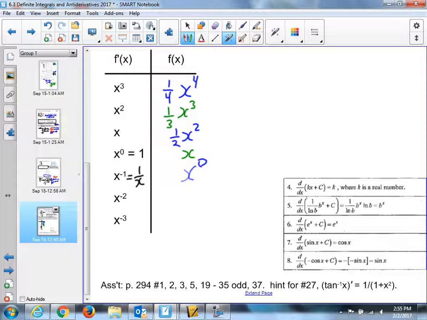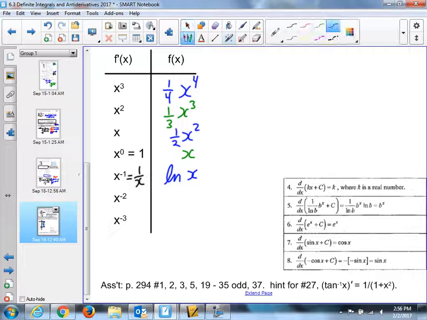What was it that we take the derivative of that gives us 1 over x as our answer, x to the -1? Do you guys remember? Natural log. Hey, you do remember. The natural log. That's a stumper at first. If you do the derivative of the natural log, you get 1 over x. The antiderivative of 1 over x is the natural log. Then from there, our pattern resumes.